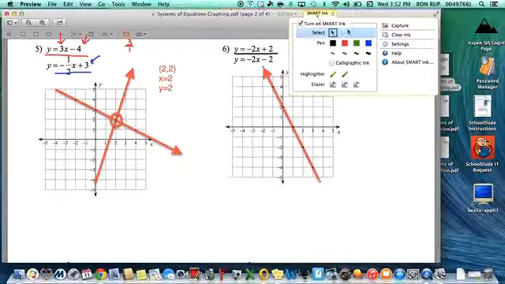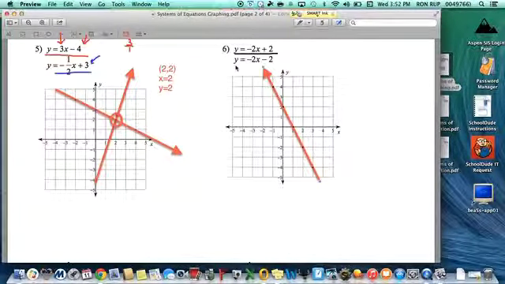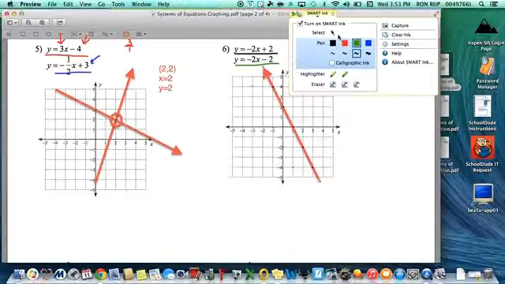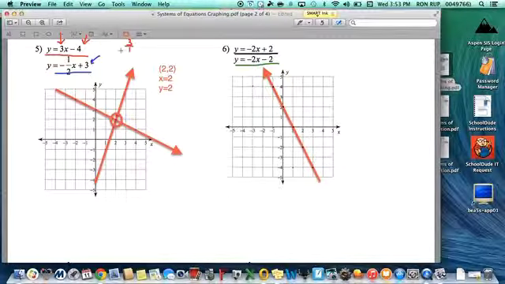And then we're going to go to this line, negative 2, and it's also up 2 over 1 in the negative direction. And so when we graph that line, we get something like this.